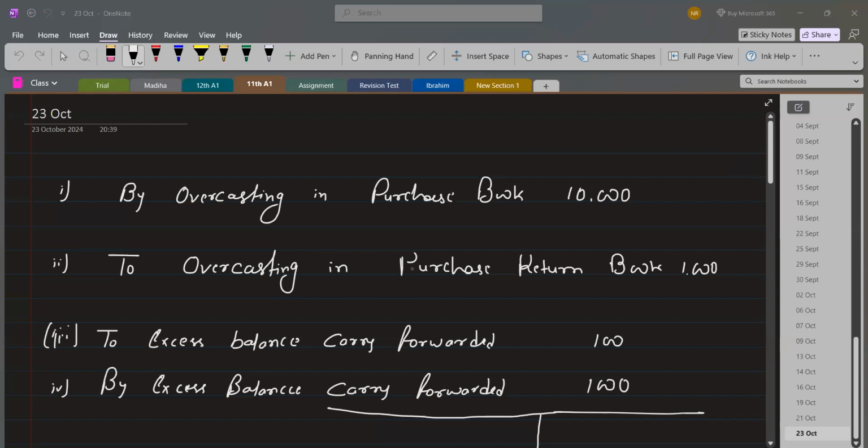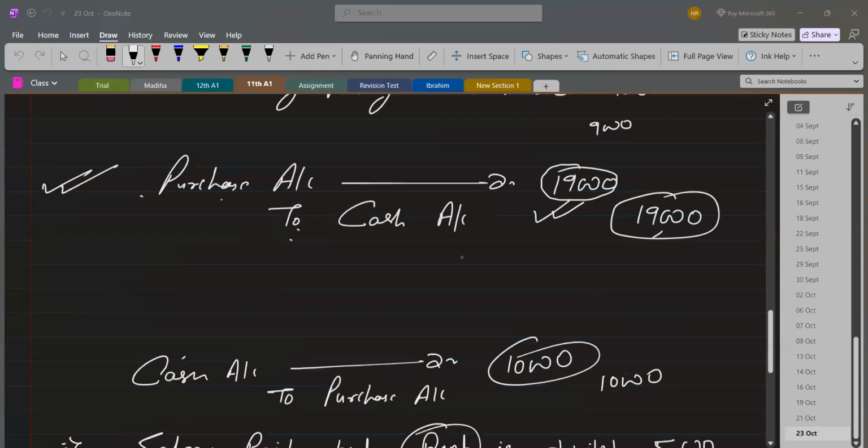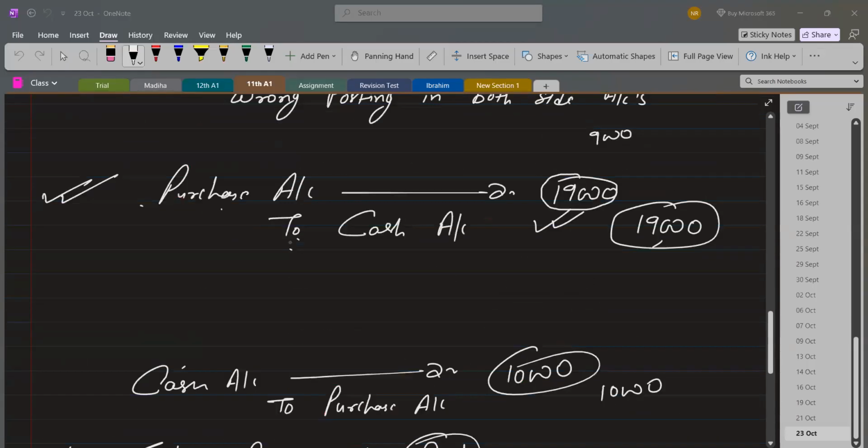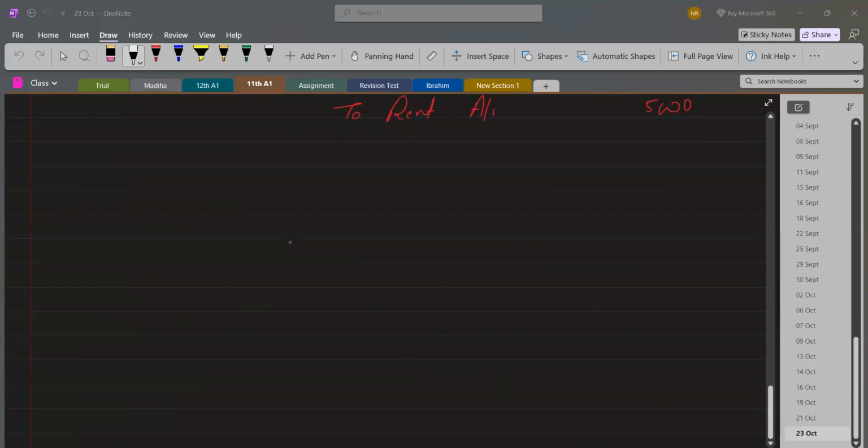So, in the previous class, we started double-sided error, two-sided error, you can say. I told you how to solve these types of questions.